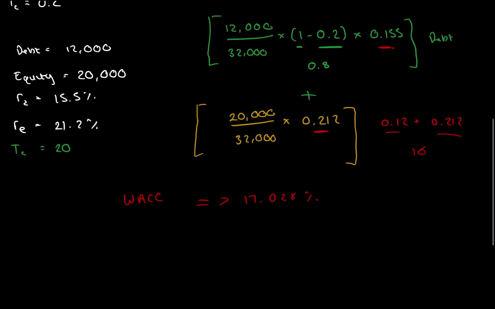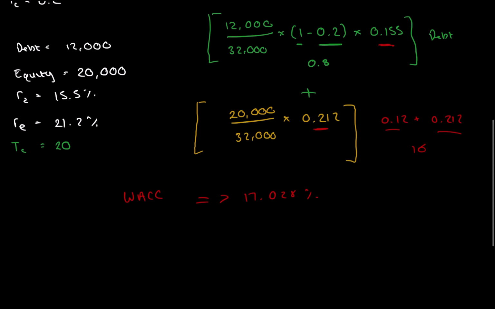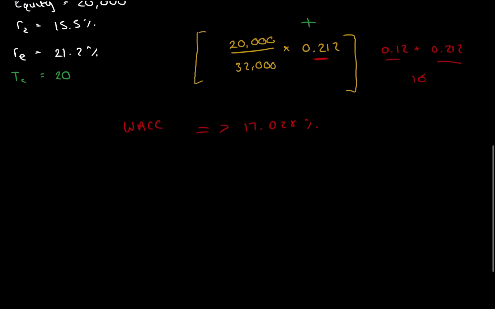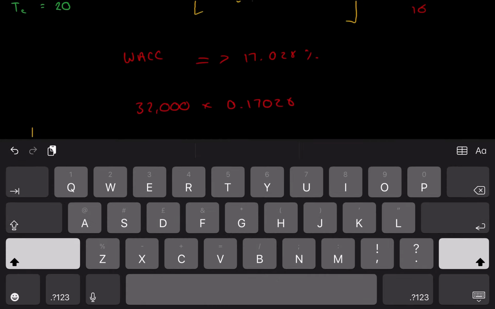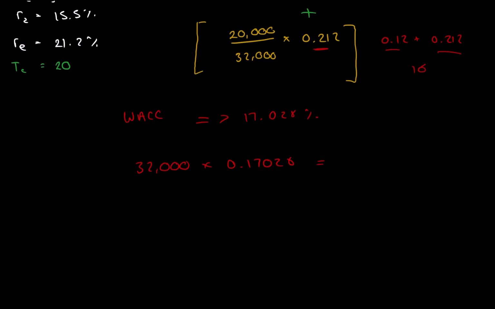So on this 32,000, if I use my calculator, 32,000 times 0.17028, we'll be expected to pay back 5,448.